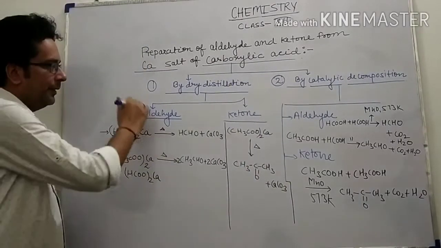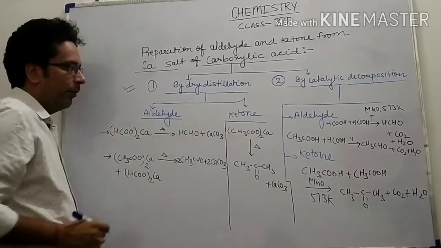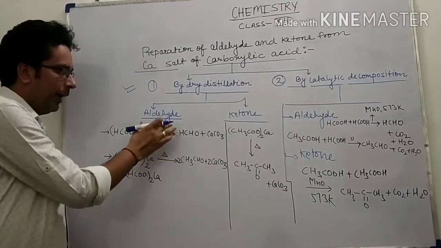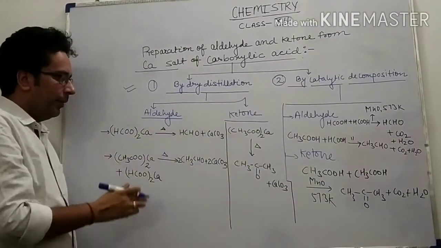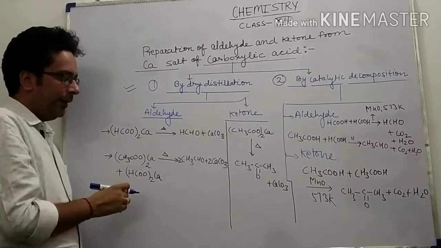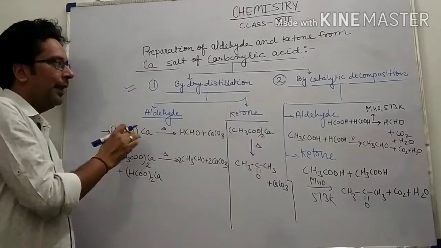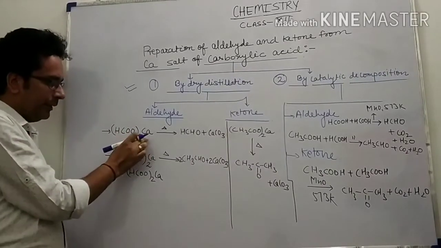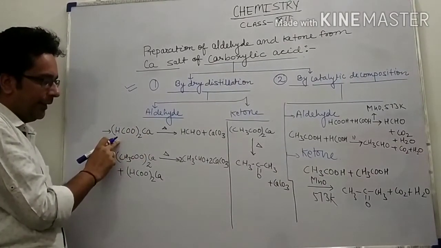Now in case of the dry distillation method, aldehyde is obtained by the simple heating of calcium salt of carboxylic acid. So look here, this is the calcium salt of carboxylic acid.